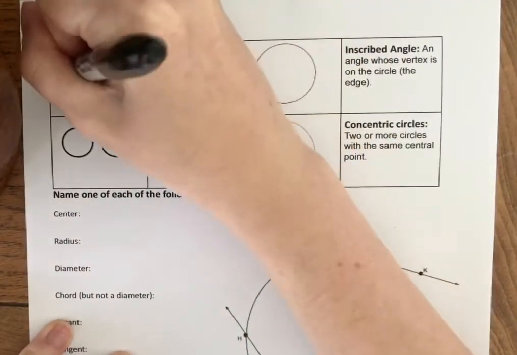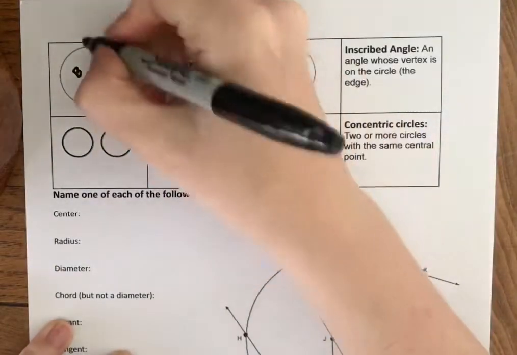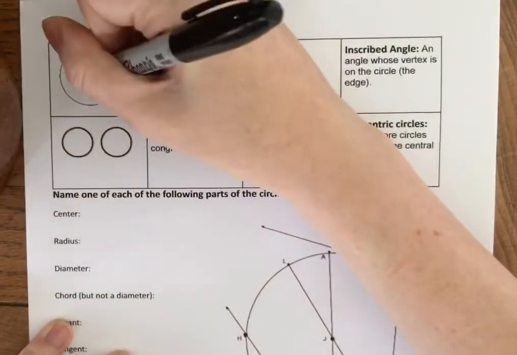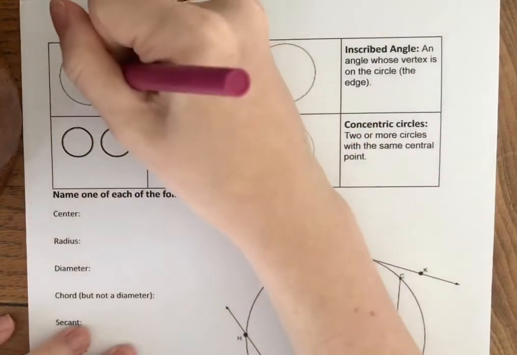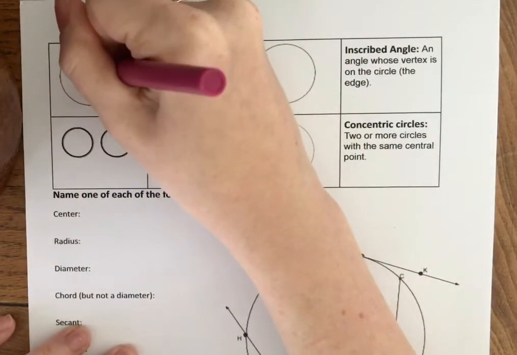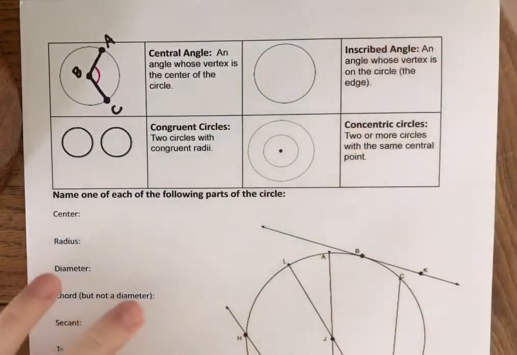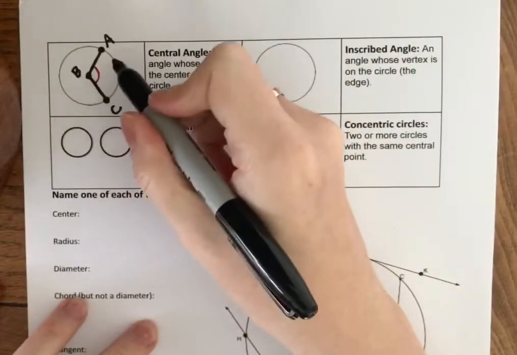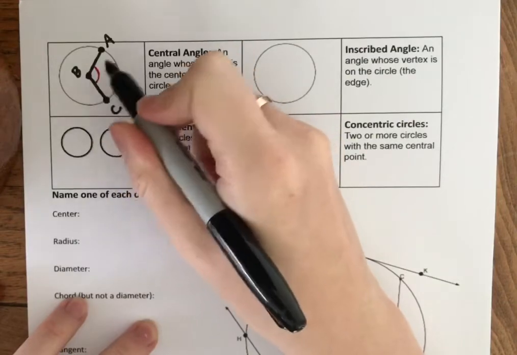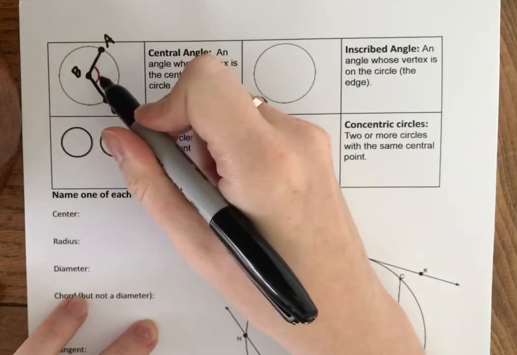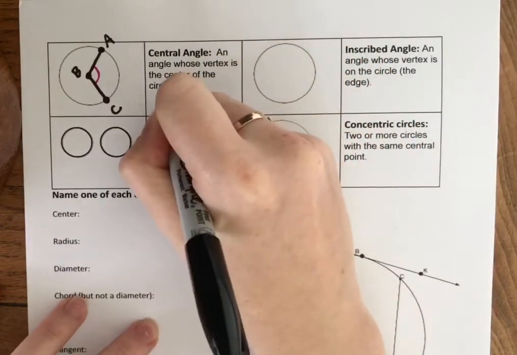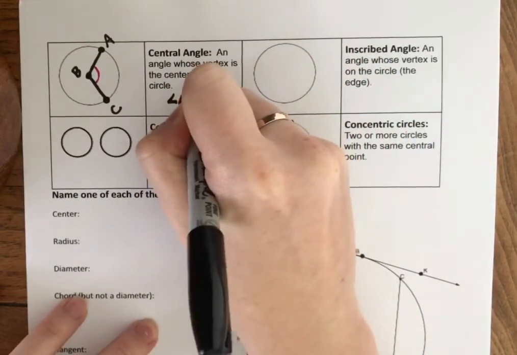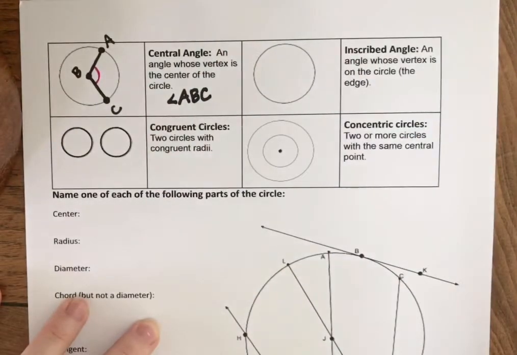Let's call them A, B, and C. If I connect these, the central angle is going to be the angle created by me drawing the 2 radii. So from A to B and then from B to C, I've got those 2 radii drawn. And then the central angle is on the center of my circle. So angle ABC, so I know which one I'm talking about, would be a central angle.